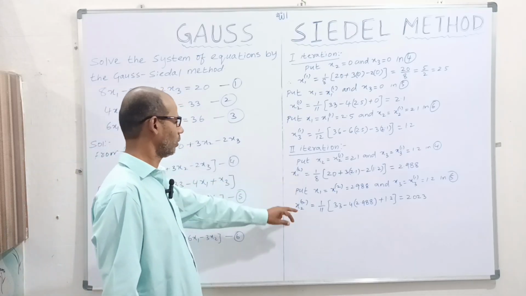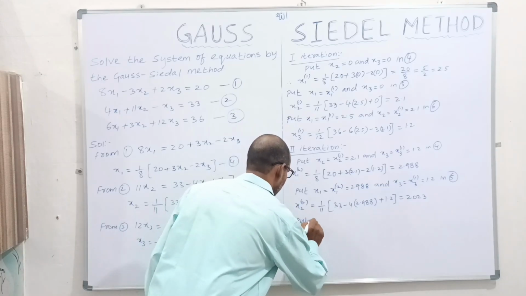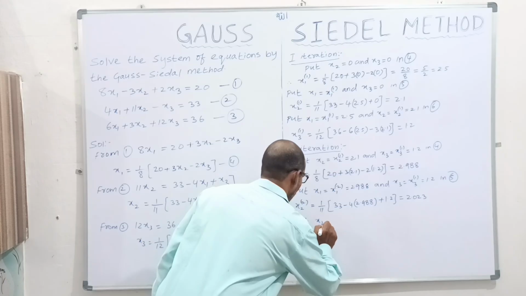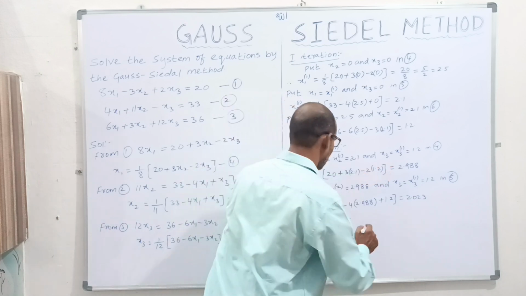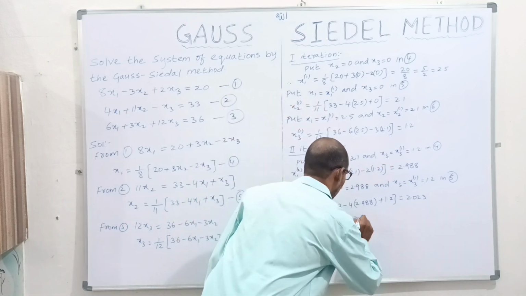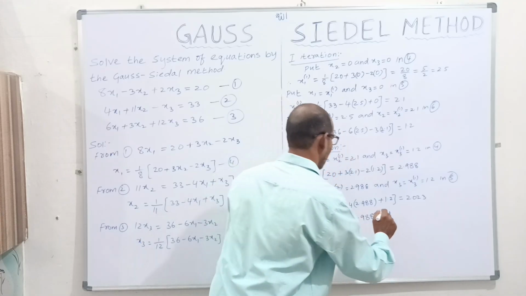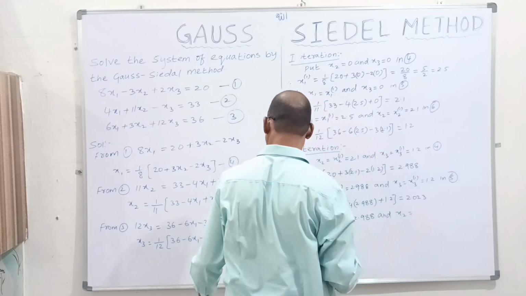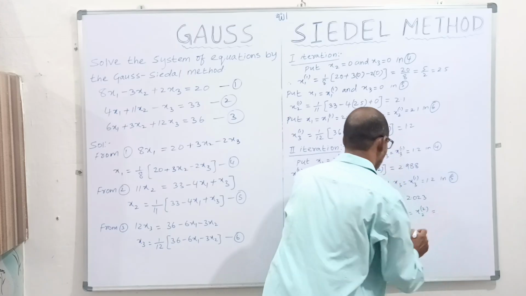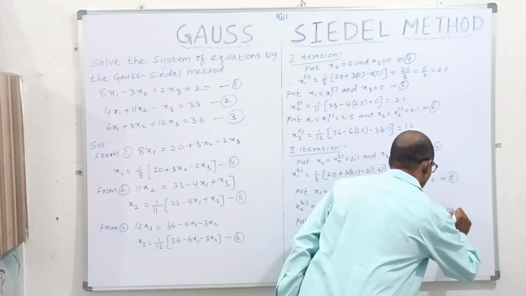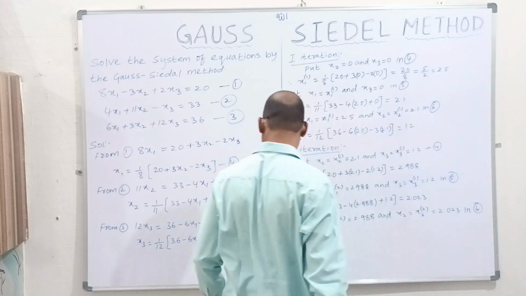Put x1 from the second iteration, 2.988, and x2 from the second iteration, 2.023, in equation number 6.